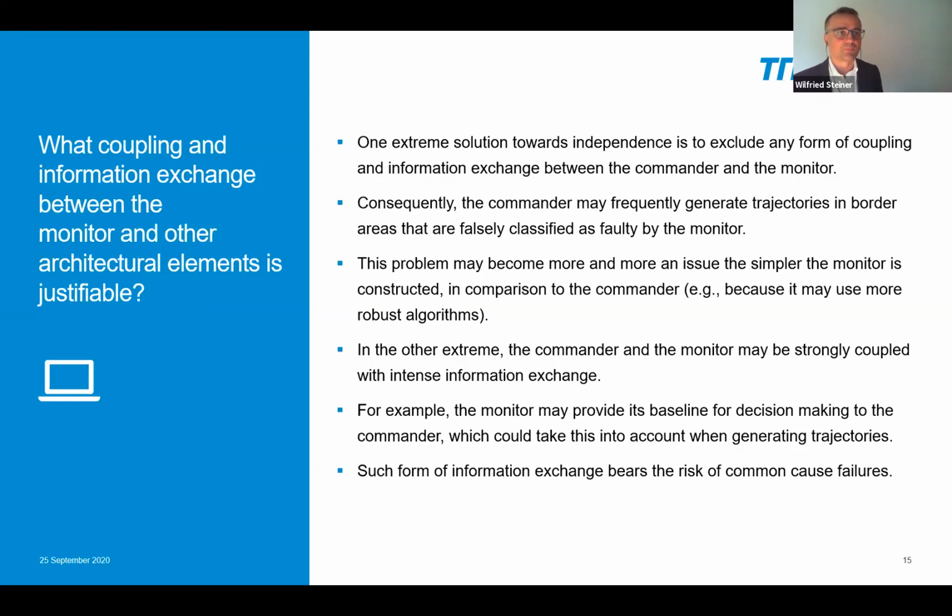And we have another paper from Hermann Kopetz that argues that those models should be completely isolated. And then we pose some sort of compromise saying that there should be or could be a limited form of coupling, an information flow. So it's a very interesting discussion item and research question right now, also in the research community.